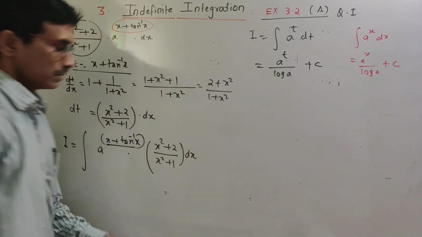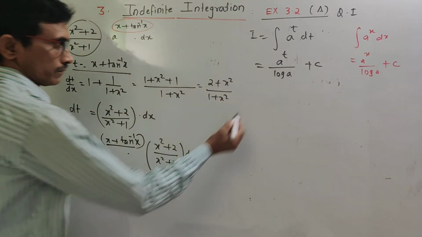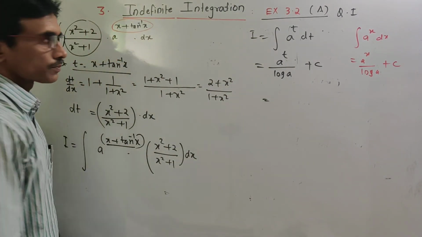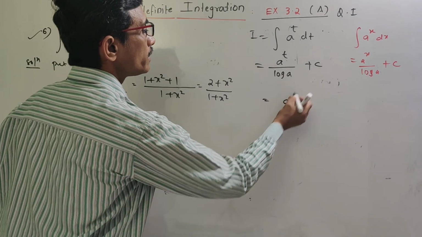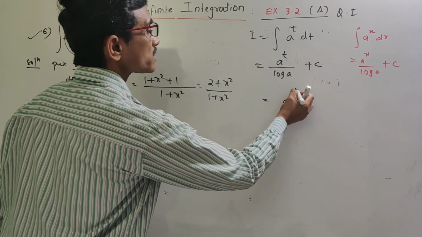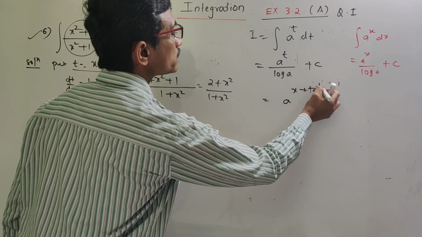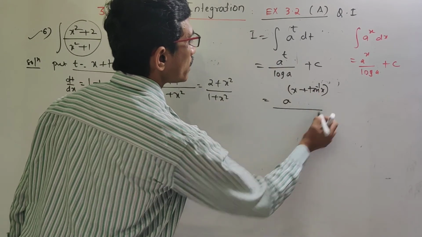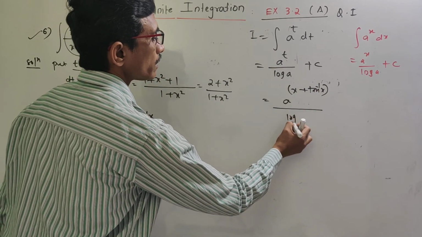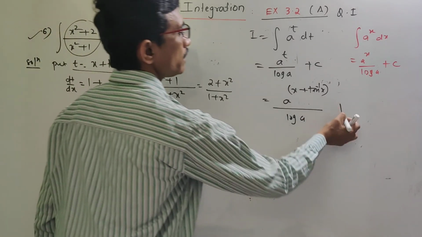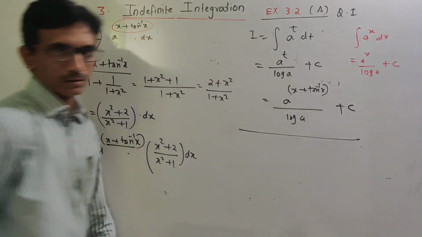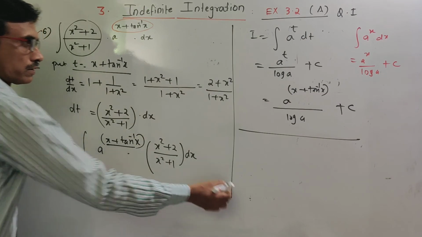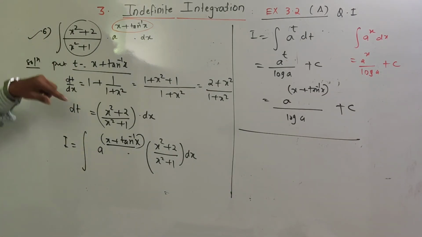Therefore resubstitute t: a raised to power x plus tan inverse of x upon log of a plus c, that is the constant of integration. So this is the solution, a very interesting problem.